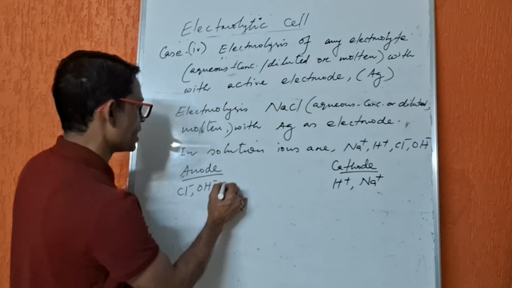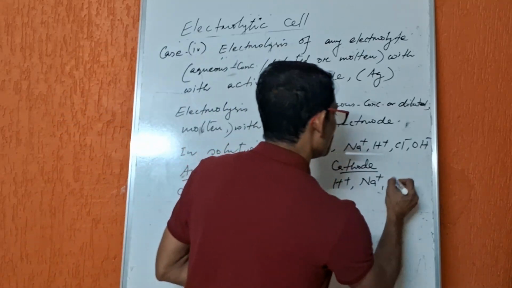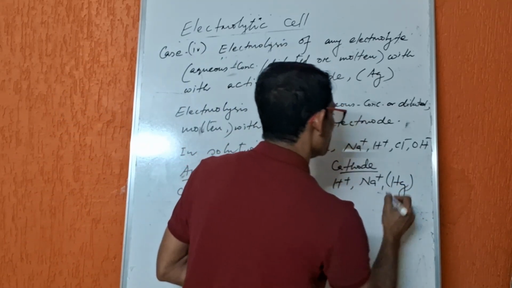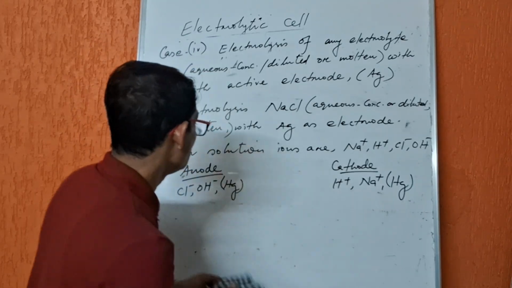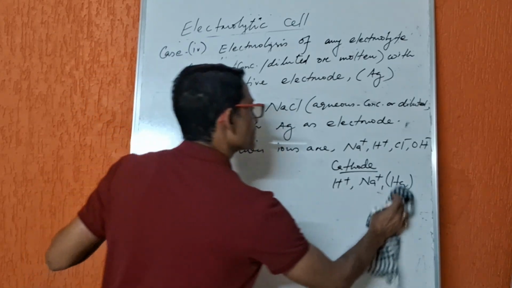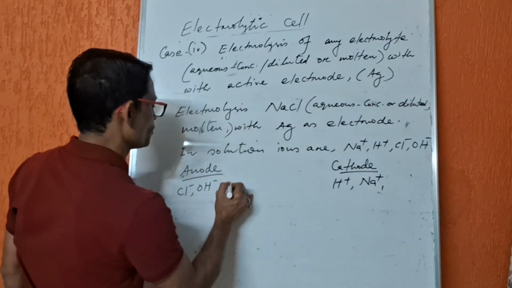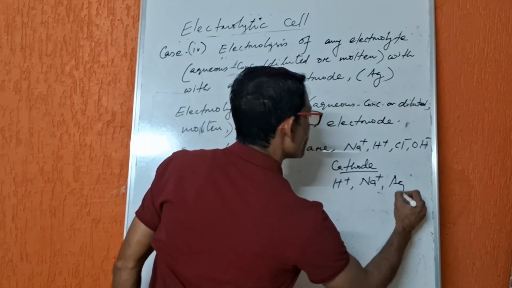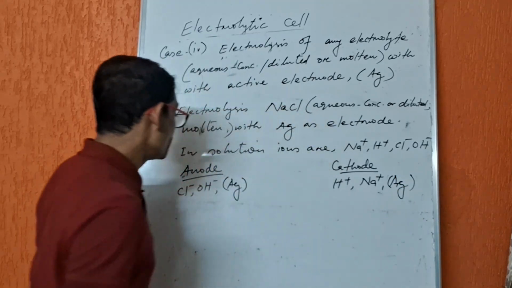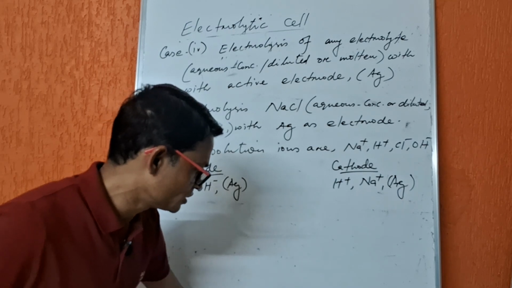But here silver is the active electrode. We have taken silver as the electrode, so Ag is the active electrode. So it does not follow any of the rules.